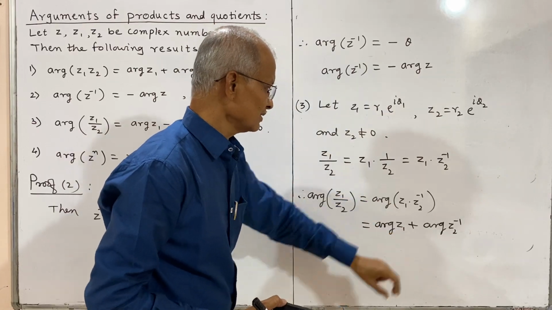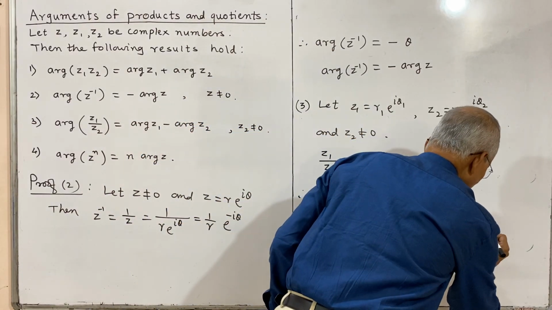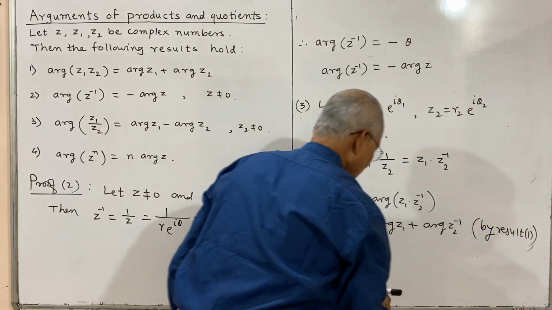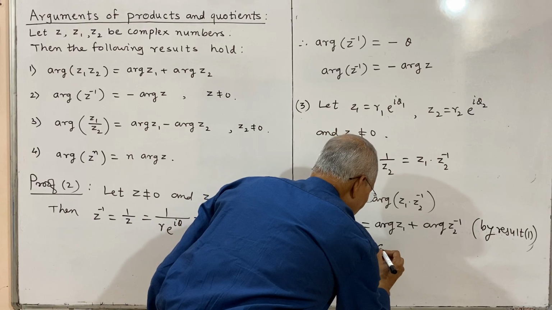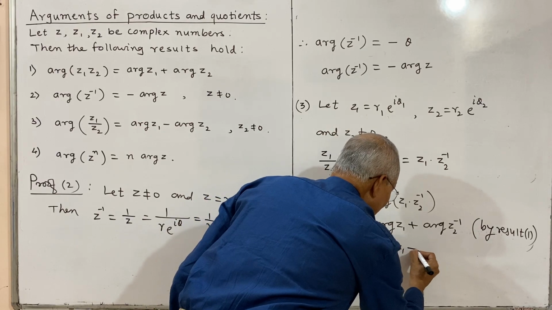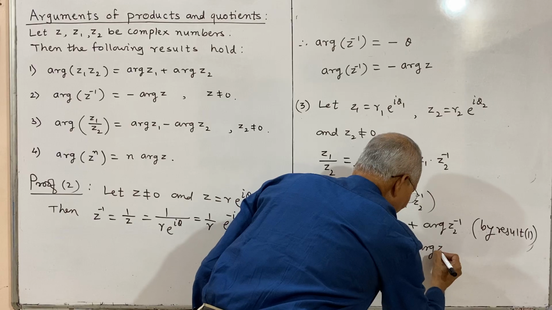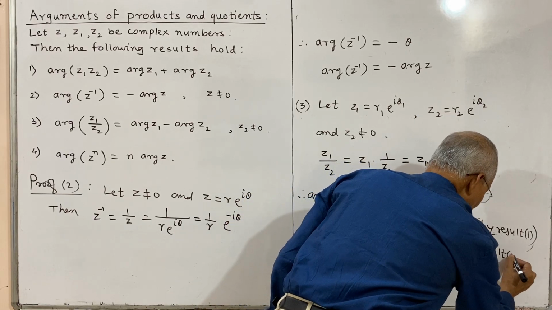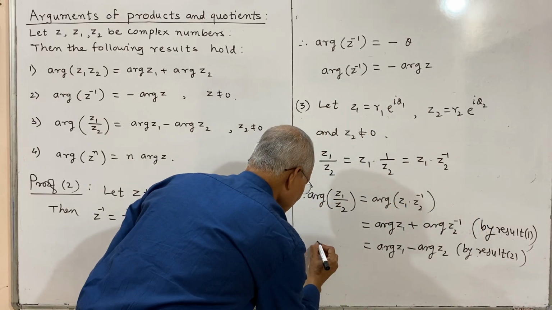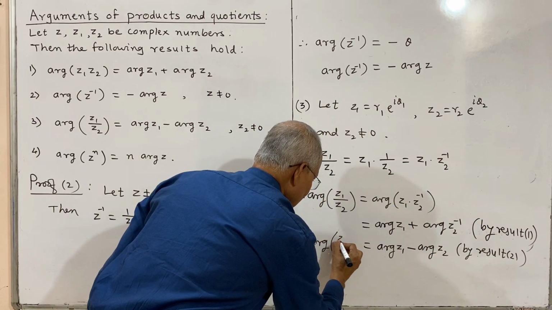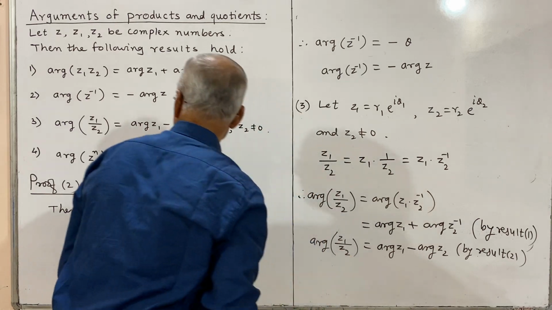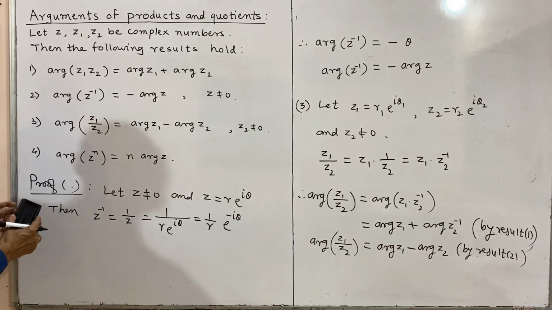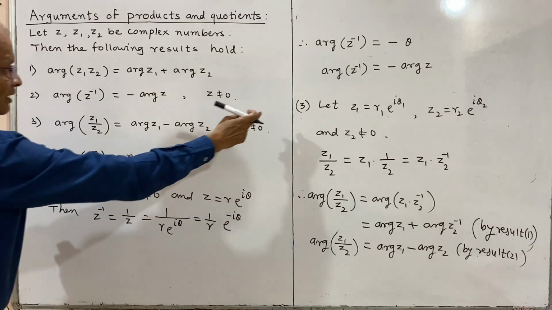This is by property 1 or result 1, and this is equal to argument z1 minus argument z2. This is by result 2, and this proves the third result.